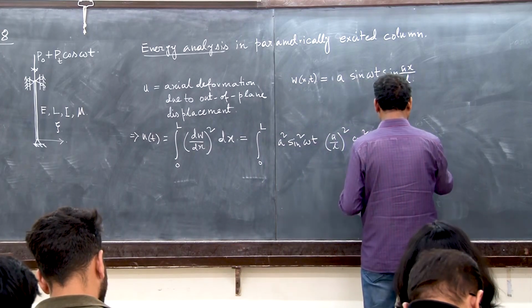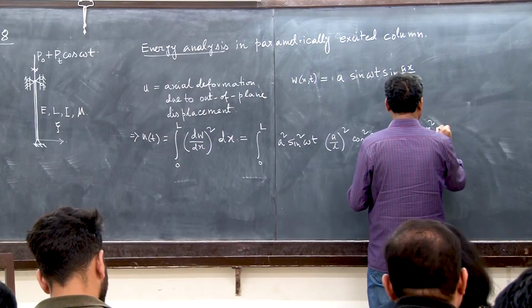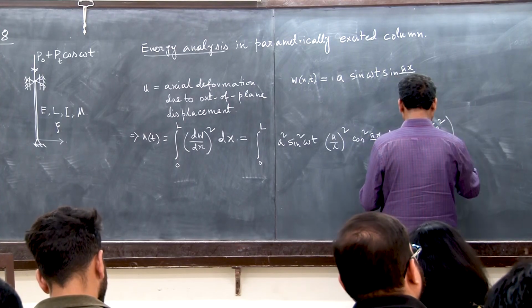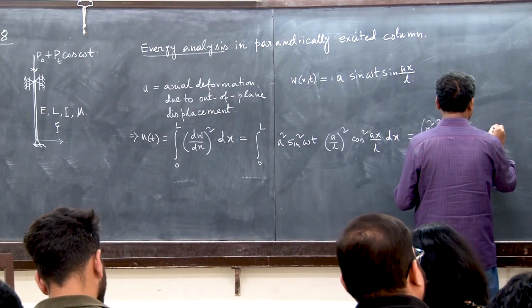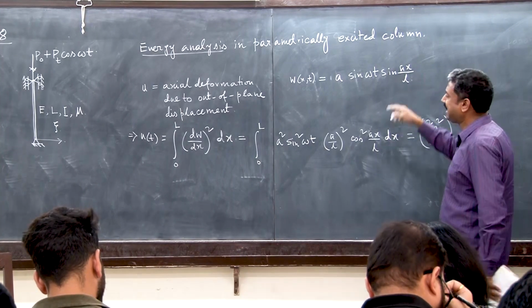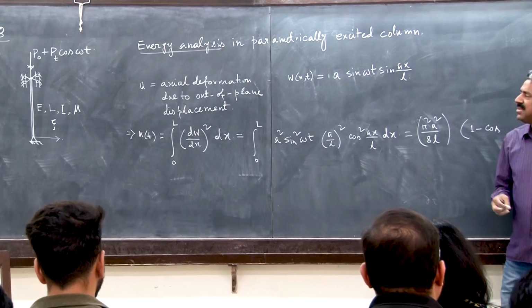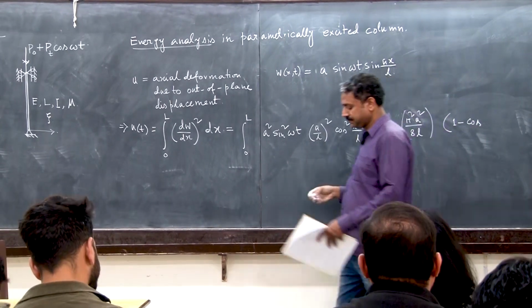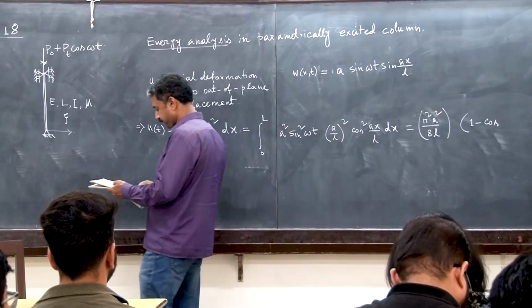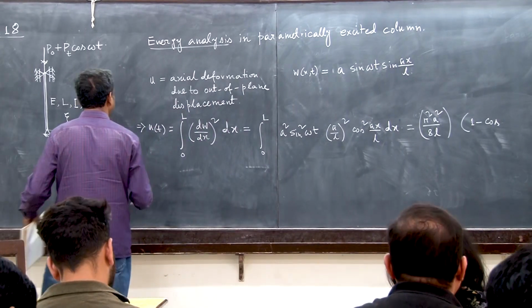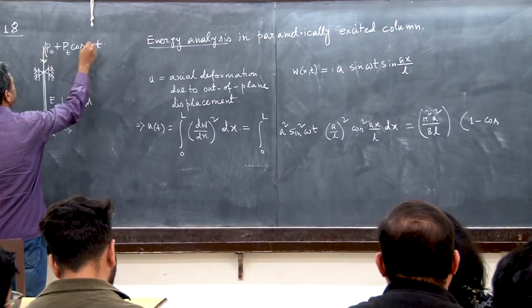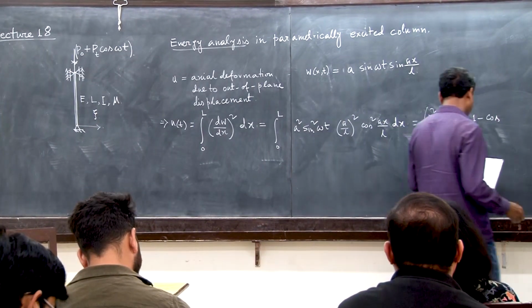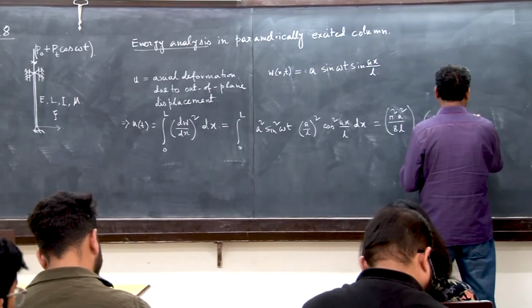And then here it is pi square by 8L times 1 minus cosine of 2 omega t.